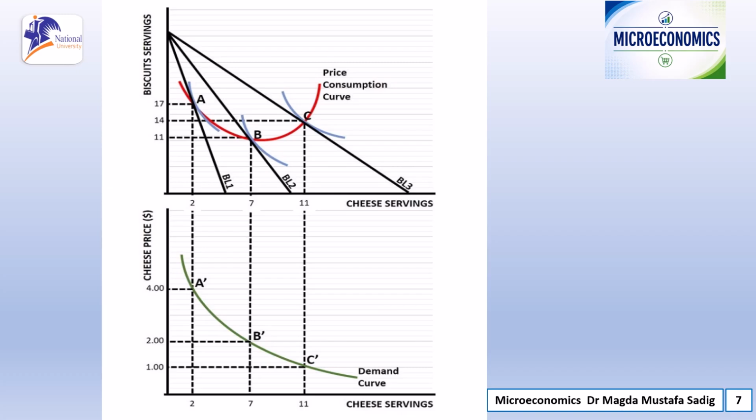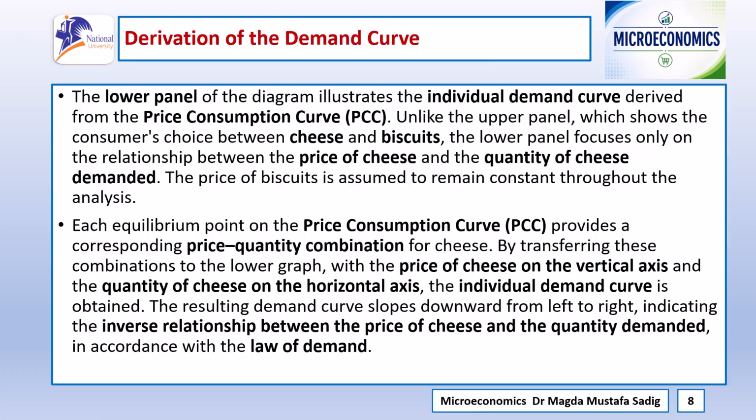Consumers generally buy more of a good when its price falls and less when its price rises, assuming other factors remain unchanged. Whenever you see a downward sloping demand curve, remember that it reflects the rational decisions consumers make to maximize their satisfaction.